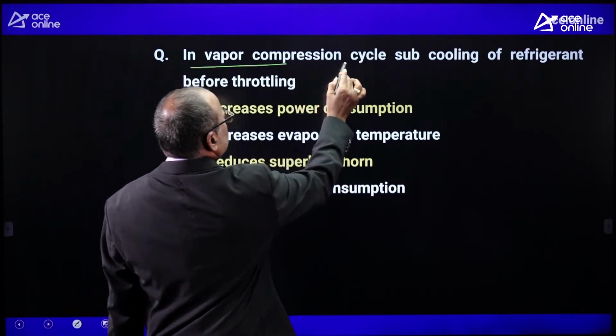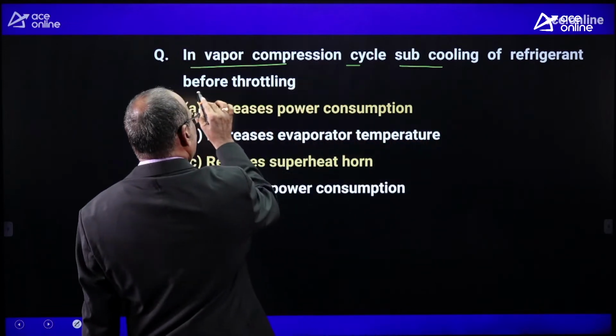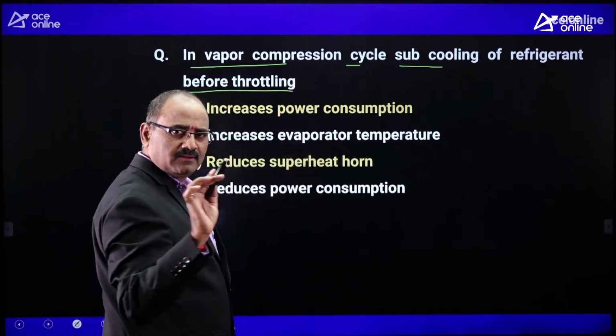In vapor compression cycle, subcooling of refrigerant before throttling.